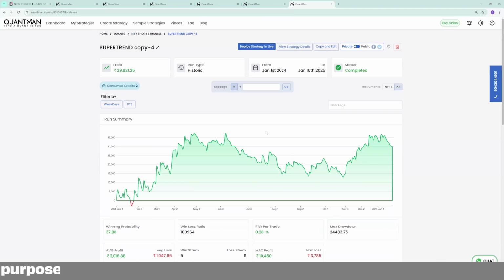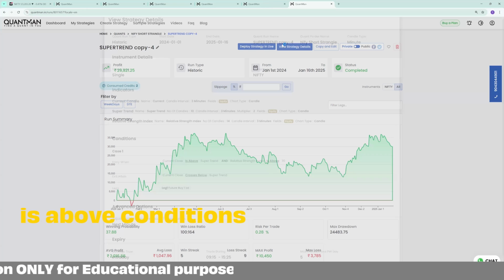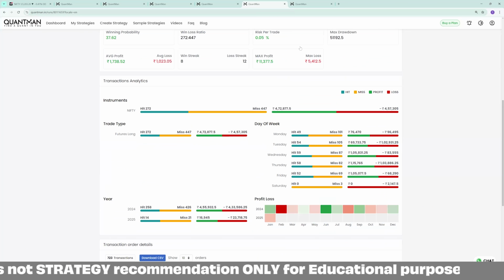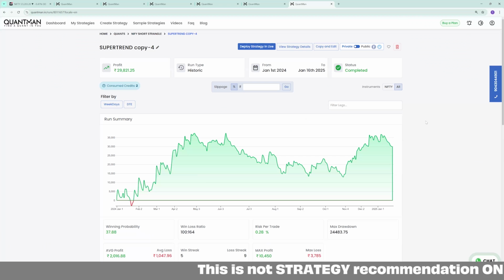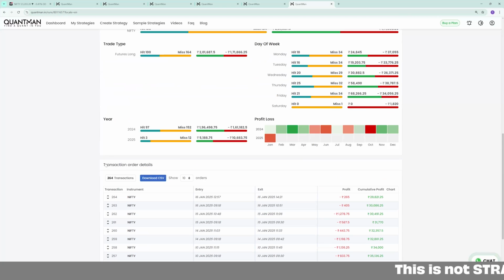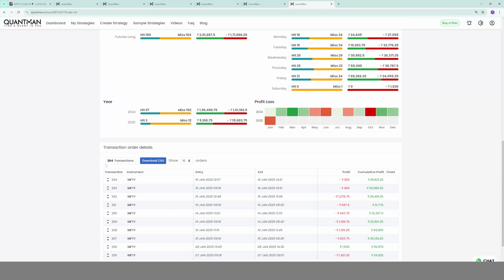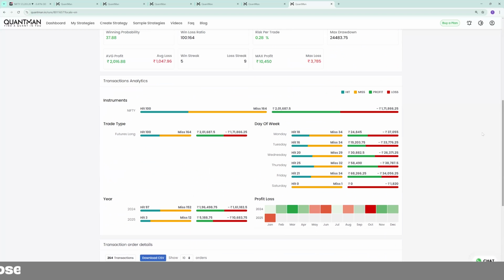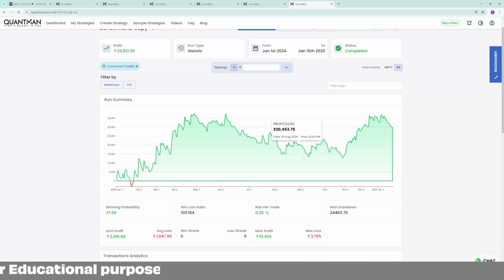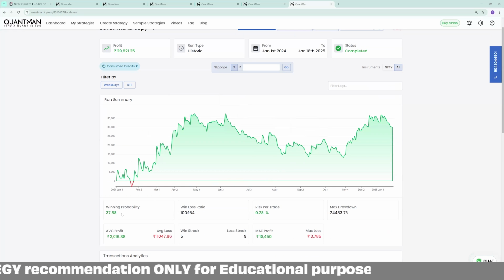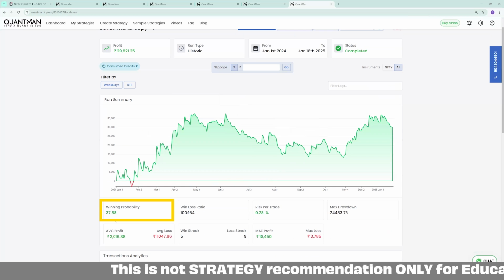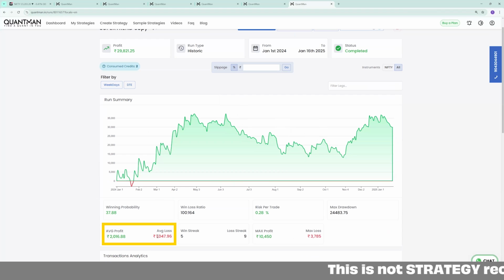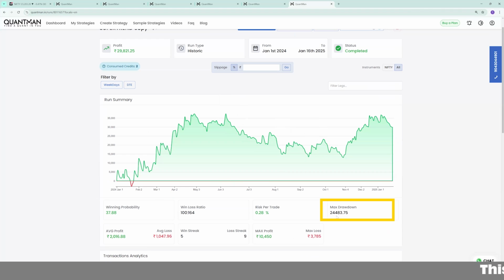Here we are using the is above condition. Here we are using the crosses above condition. Based on the condition, total 200 entries taken. Based on the result, this is the overall performance: a winning probability of 37%, with a risk to reward ratio of 1:2 and a drawdown of 24,000.